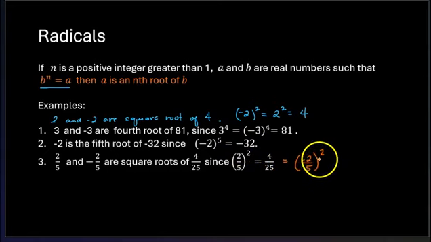So if we want to make a summary, if your number is positive and you're getting the even root, did you notice the fourth root, square root? There will always be one positive and one negative. But if your number is negative, look at this one, there will only be one root.